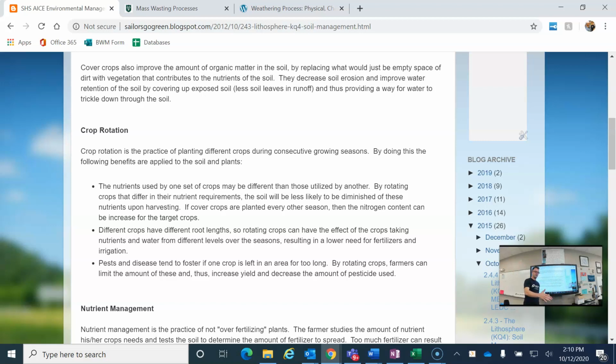Season 1, it's in spot A. But then the next season, the next year, plant it in spot B, then spot C, then spot D, and change the crops that you are putting into different places because they're going to have different root lengths and take different nutrients from the ground, thus less depletion and more giving back the nutrients that were needed for that.